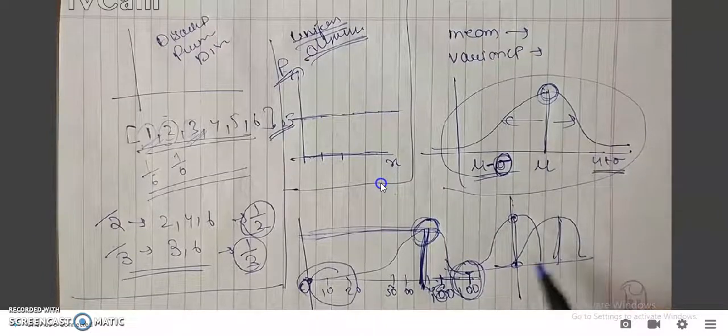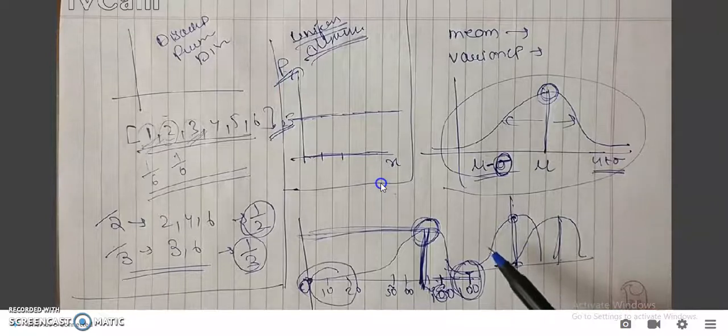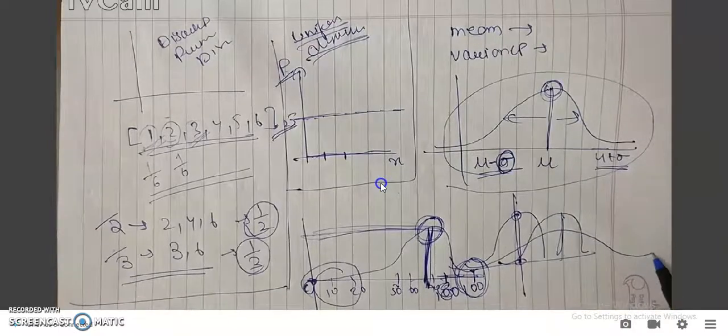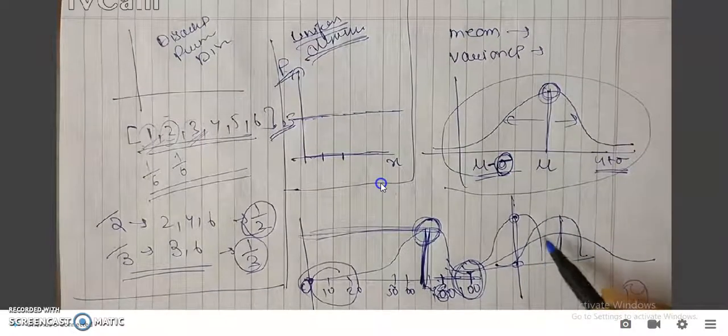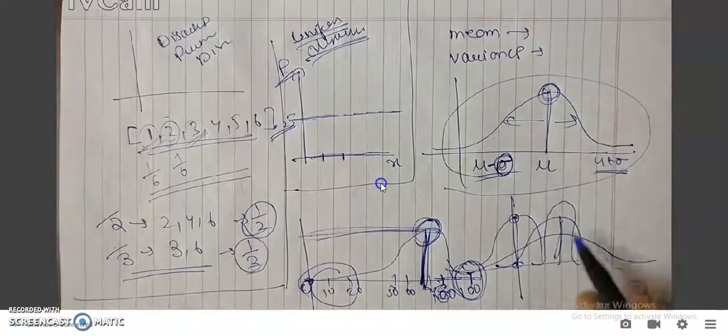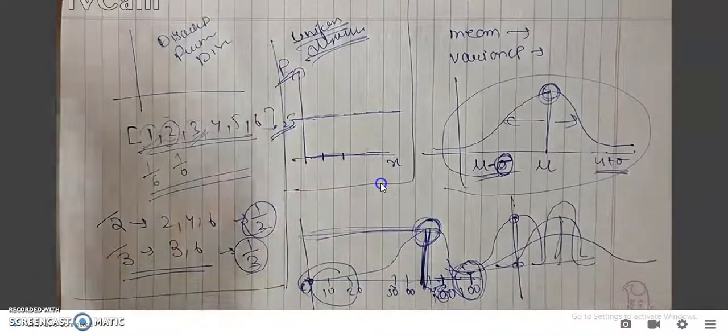And what will happen if I increase or decrease the variance? By increasing or decreasing the variance, the spread will increase or decrease. If I increase the variance, the curve would be like this. And if I decrease the variance, then the spread would also decrease and the curve would look like this, right?